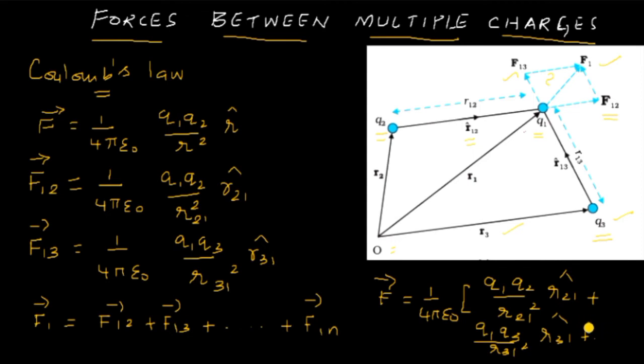If you limit to 3 charges, the total force acting on the charge Q1 by the presence of the other two charges is represented like this. In fact we call it the superposition principle, which we will discuss later.